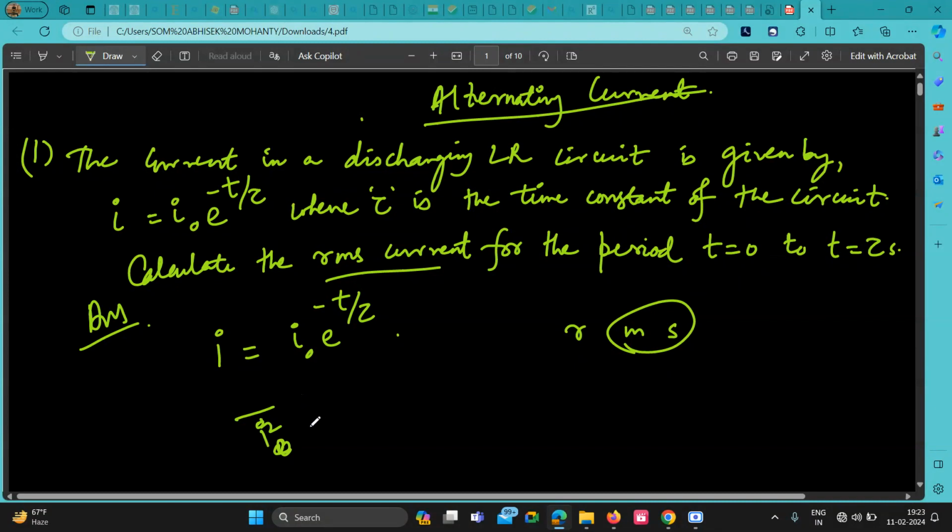I square mean will be 1 by tau, integral 0 to tau, I naught square e to the minus 2t by tau dt.